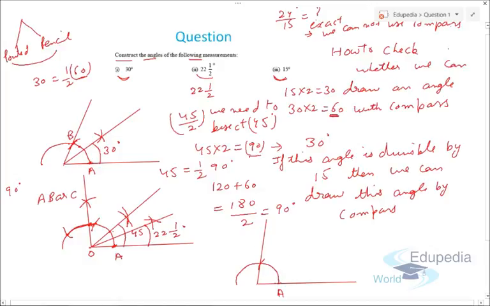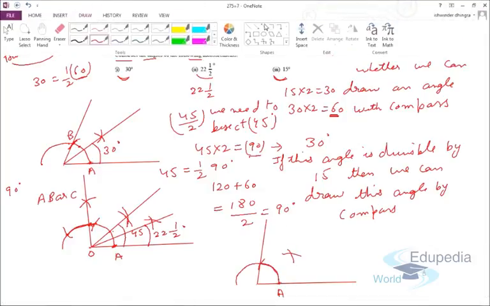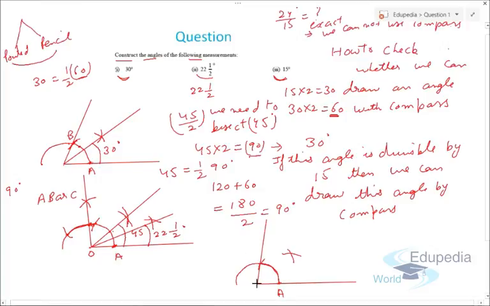So again we open the compass of this length arc. We mark one point over here, then following this point we mark another point over here. Then using a line we pass to this point of intersection, right? Now again this is 30-degree angle.